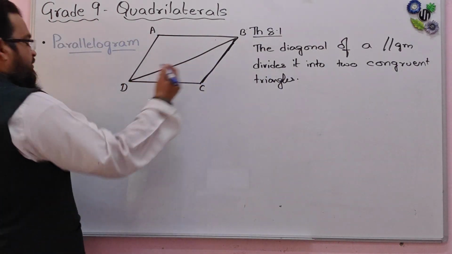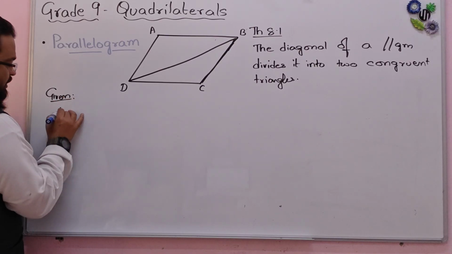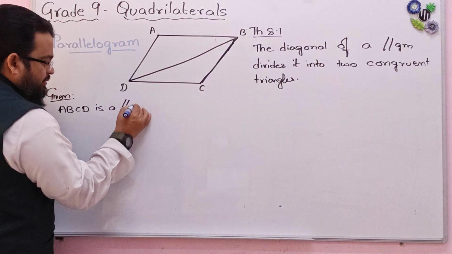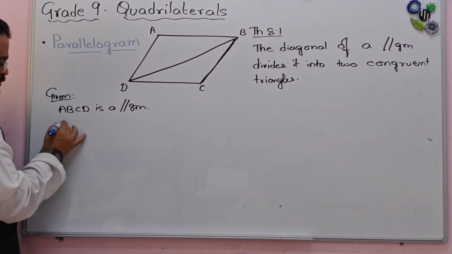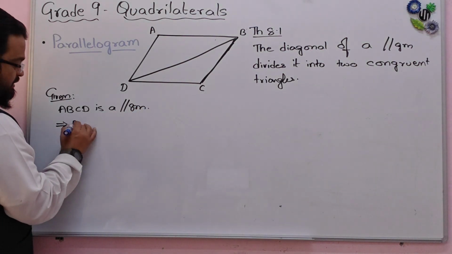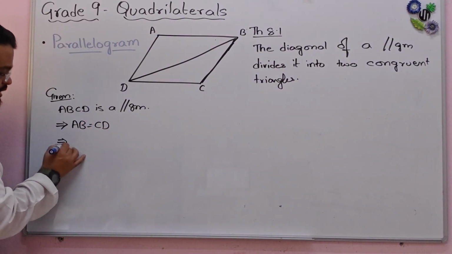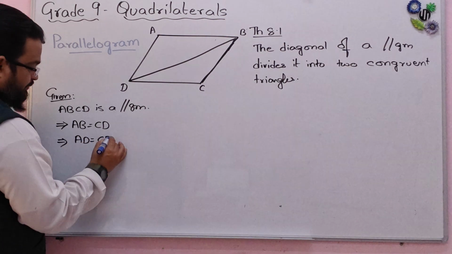Now what is given? First you write how to prove a theorem. Given ABCD is a parallelogram. So when it is a parallelogram, what do you understand? Opposite sides are equal. This is the character, right? AB is equal to CD, and also AD is equal to CB.